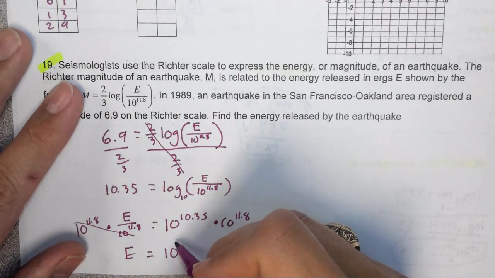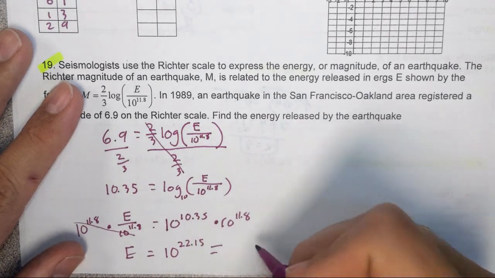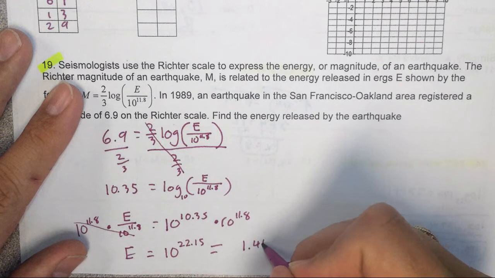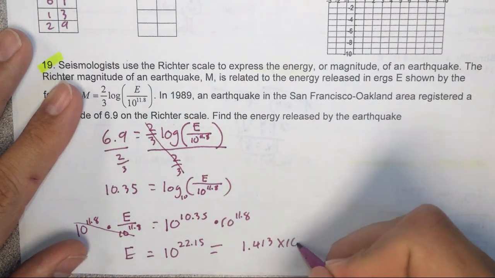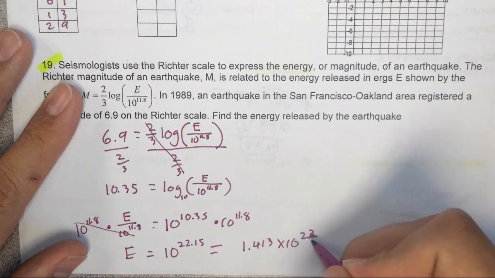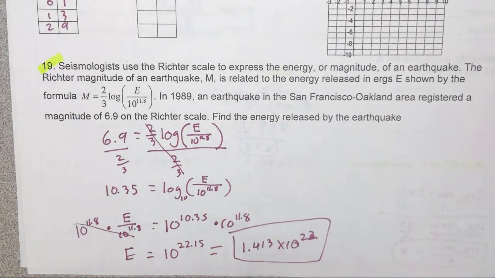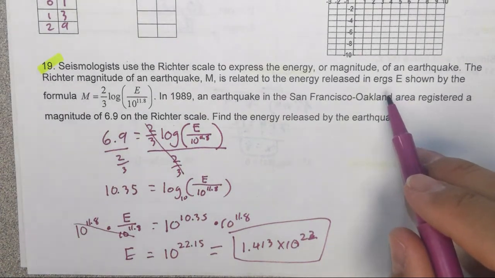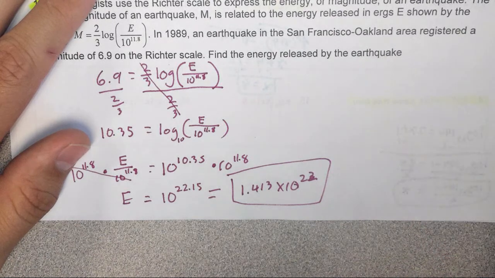That is 10 to the 22.15. And that's going to equal 1.413, when you put this in the calculator, times 10 to the 22. That is the ergs, or whatever, that was released in that earthquake.